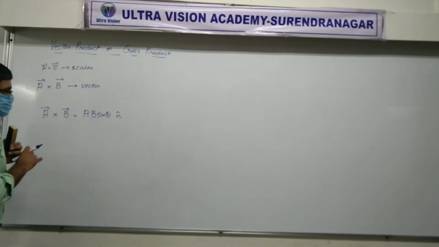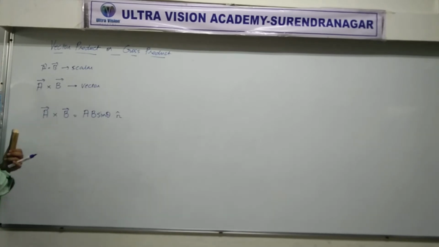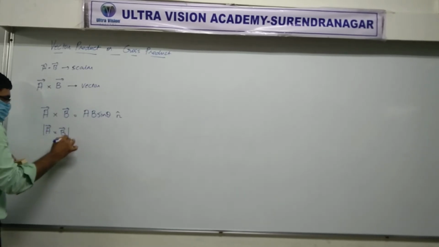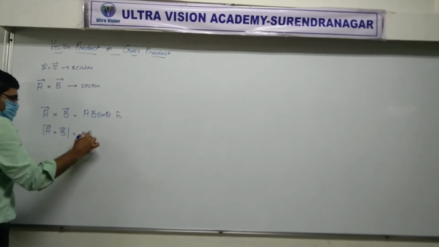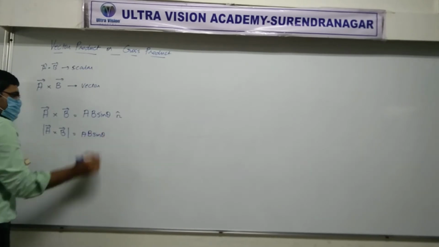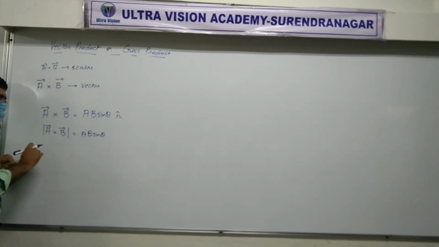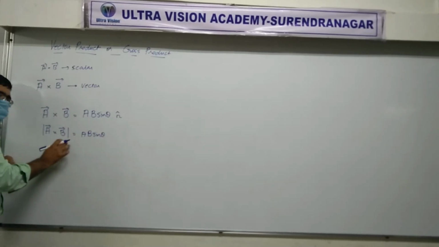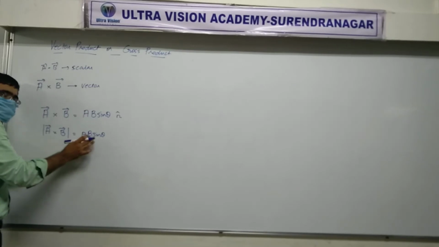What is the meaning of n caret? We'll get to it eventually. First write in the other form, in magnitude form. Magnitude of A vector cross B vector is AB sin theta.